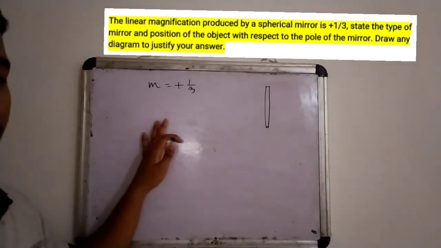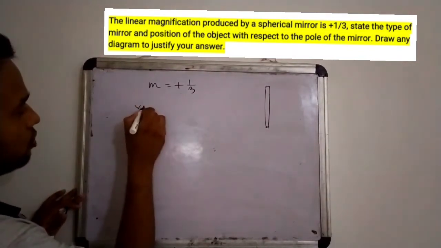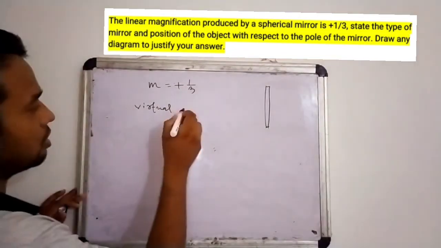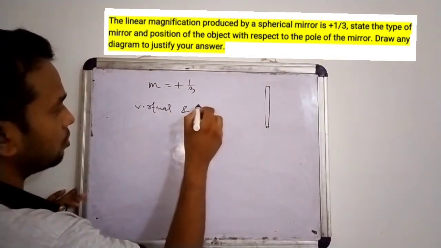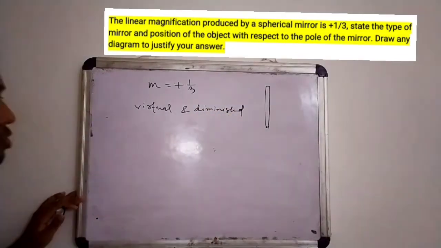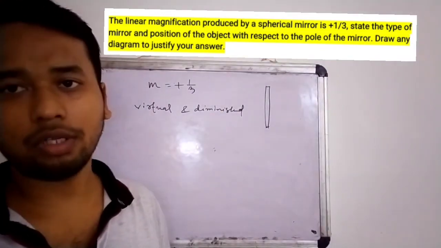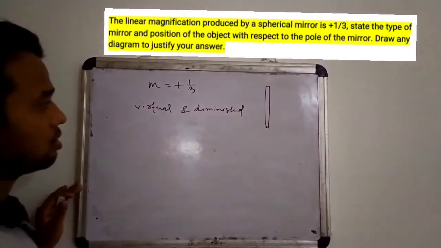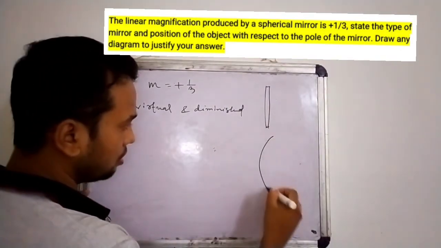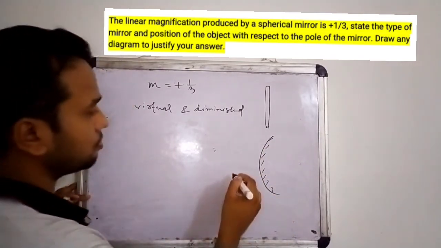From the value of the magnification, it is clear that the image is virtual because magnification is positive, and 1 by 3 is less than 1, so diminished. A virtual and diminished image is possible in a convex mirror only, as I just discussed. So this will be a convex mirror.